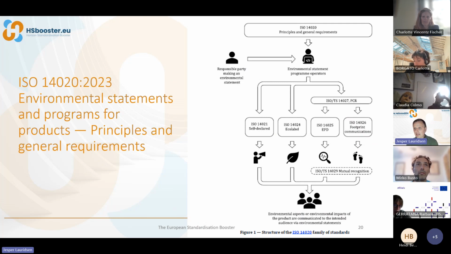So in that way, when we are looking at these standards and we want to make a green claim, which in itself is really difficult, you have to show that your product has a significantly better environmental impact than the product you're comparing yourself to.